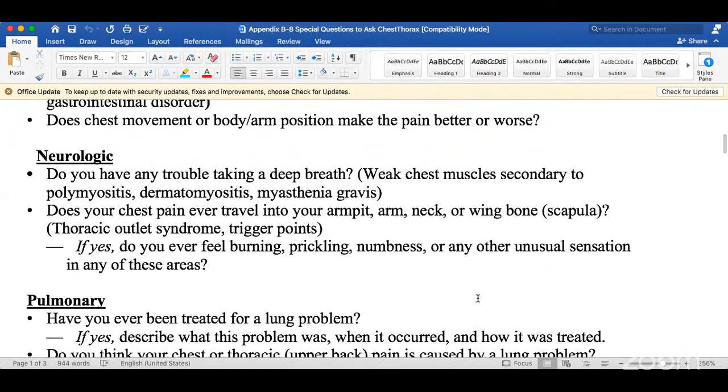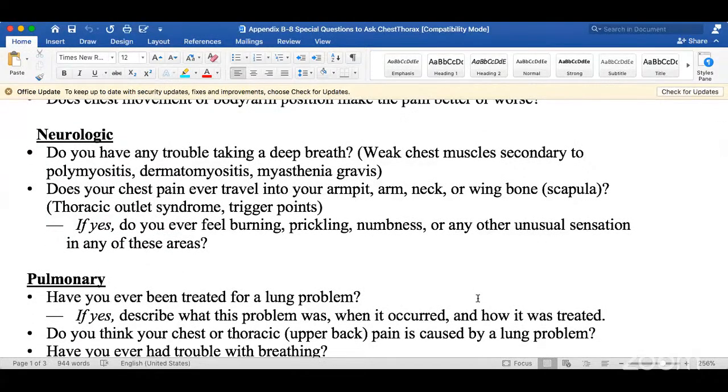Do you have any trouble taking a deep breath? Weak chest muscles, secondary to polymyositis, dermatomyositis, myasthenia gravis. So we are now looking at organic pathology. So they can't take a deep breath because the muscles are weak. But what is the reason?